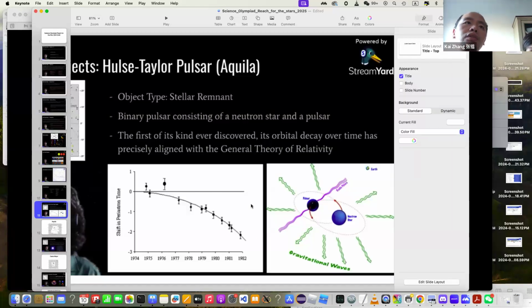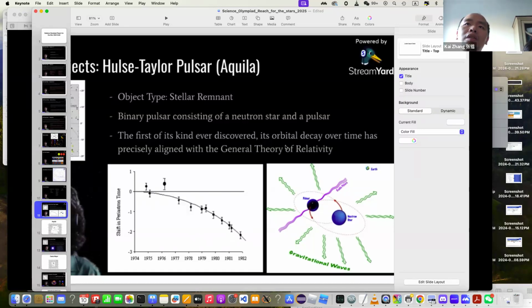But when you have two stars rotating around each other, and you have this one rotating itself, it will gradually decay. So it will lose energy, and the two will move closer and closer. And when they move closer, they rotate faster. So that is why you can see here that the period gets smaller and smaller.